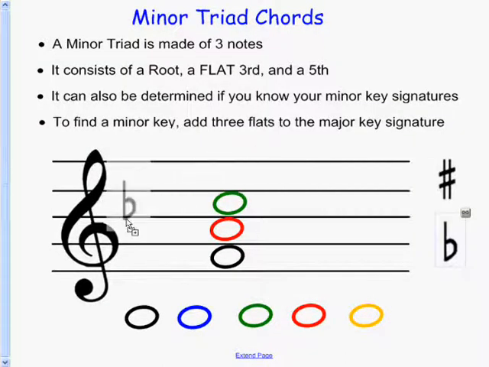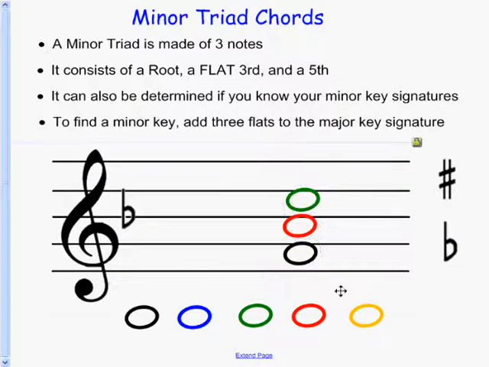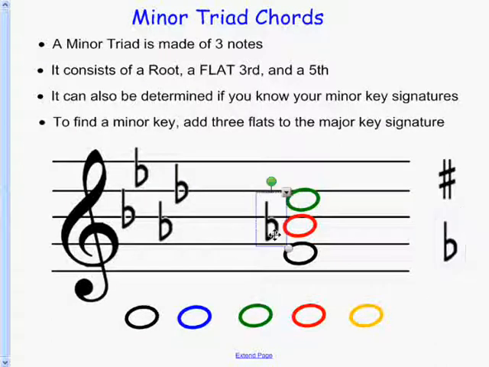Here is the key of F. I'm going to move these over so we can have enough room. Key of F, I just add 3 flats. 1, 2, 3. Now if you notice, we ended up adding an A flat into the key signature right here. So that A flat gets put onto this note. And now we have F minor, F, A flat, and C.